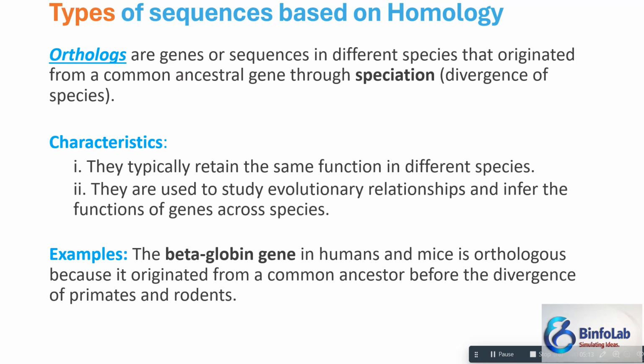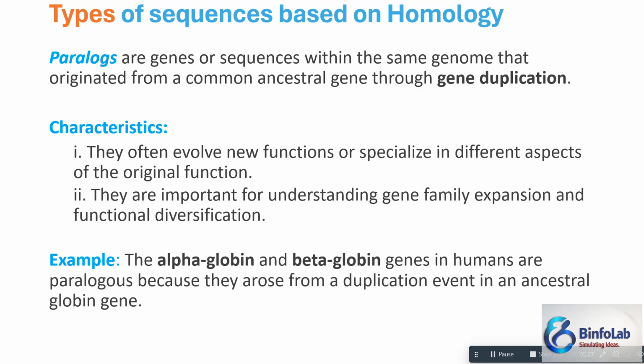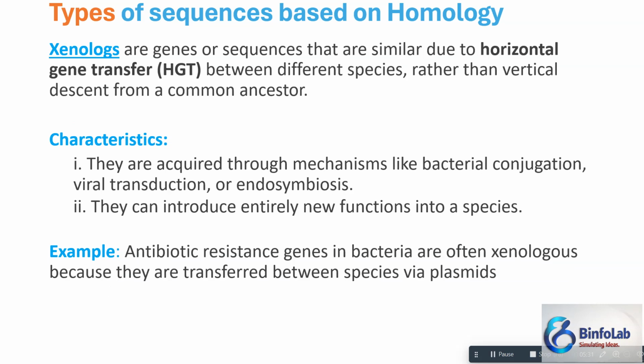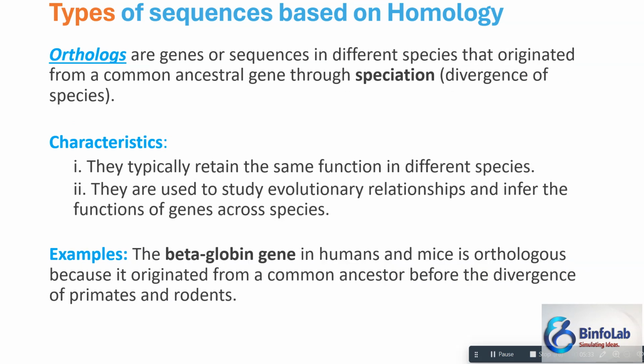Based on the definition of homology, we have three different types of classification that developed. The first is called orthologs, the second is called paralogs, and the third is called xenologs.